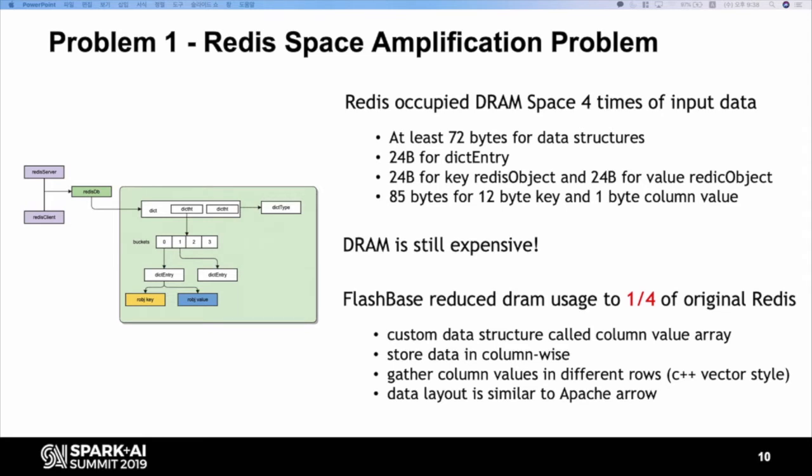Therefore, we designed our own data structure inside Redis called column value array, which stores multiple column values in different records like a C++ vector. In this way, FlashBase could reduce DRAM space usage to 1/4 of the original Redis.